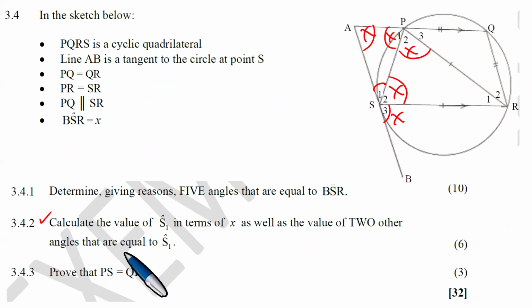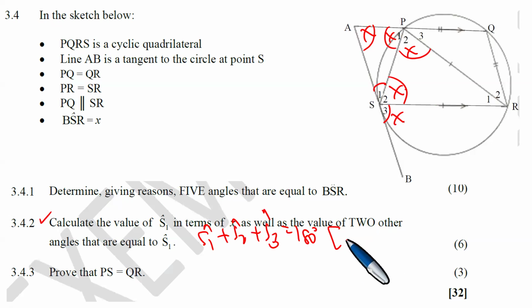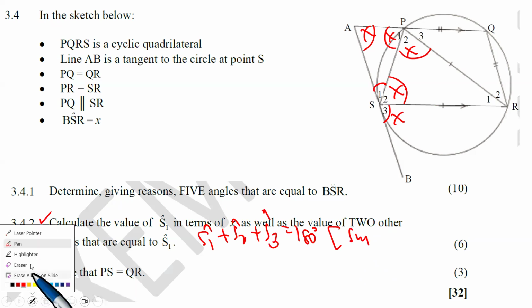Okay, right. So now we need to find therefore the angle S1 in terms of X. So the angle S1 in terms of X is very easy because these are adjacent angles on a straight line. So to find the angle S1 in terms of X, as well as the value of two other angles that are equal to S1. Right, so obviously this is this plus that plus that. So we have S1 plus S2 plus S3 is equal to 180 degrees, and these are angles on a straight line.